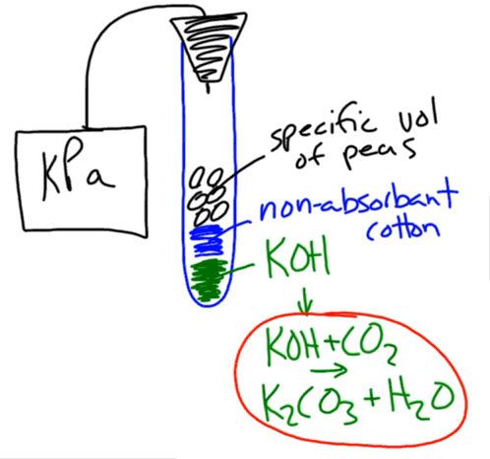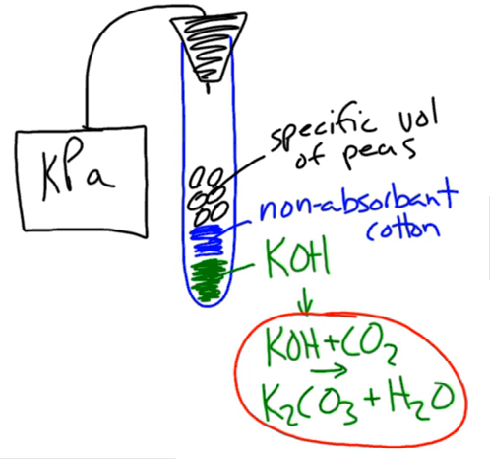Minus one thing, we need to make sure that we also regulate the temperature inside this tube. Now, when I say you're going to have different tubes at 50 degrees Celsius, 25 degrees Celsius, and 0 degrees Celsius, understand that to better control that temperature, we're going to have this tube submerged in water.